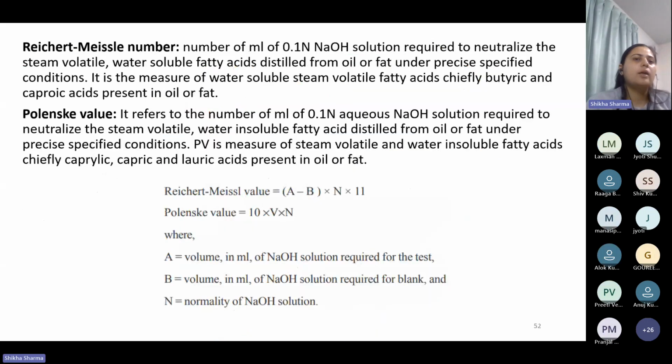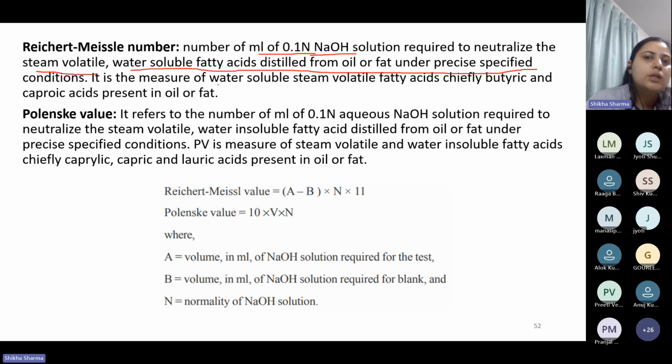Next is RM value. It is the number of ml of 0.1 N NaOH solution required to neutralize the steam volatile, water soluble fatty acids distilled from oil or fat under precise specific conditions.